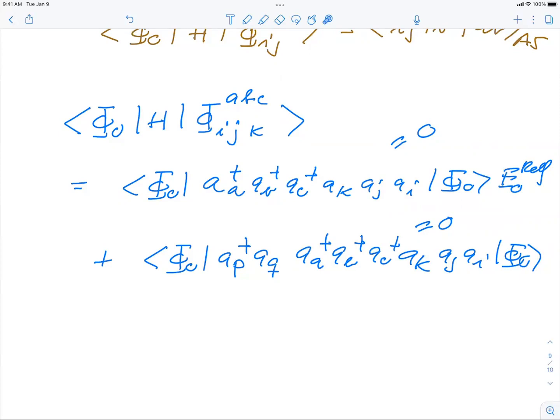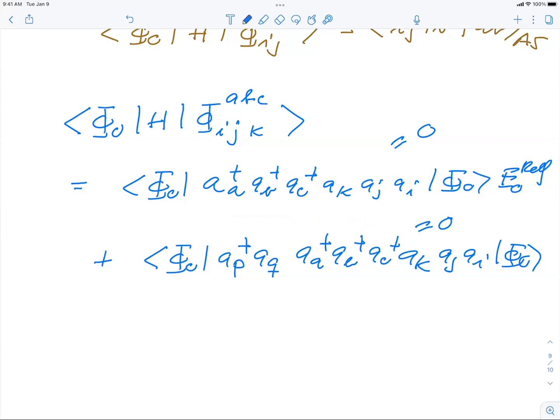And you see that immediately here because this state here, C, is a particle state, and you're contracting that with a hole state, and they're different by definition, so that's 0. This is automatically 0. So you can do a contraction like this, and this with that one, but you would be left with contractions which are 0, automatically.